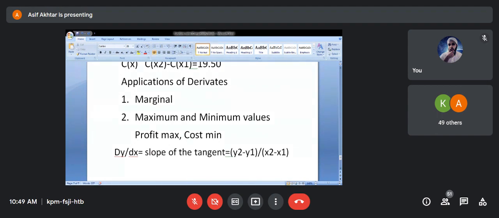Now we are going to apply differentiation, the first differentiation, which we call the first derivative. So for knowing the maximum and minimum, we perform a test which is popularly known as the first derivative test.